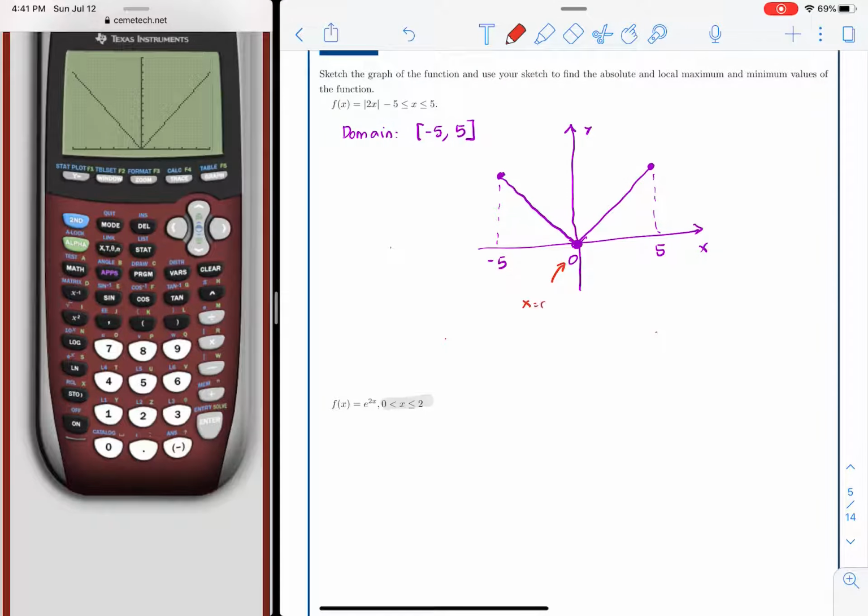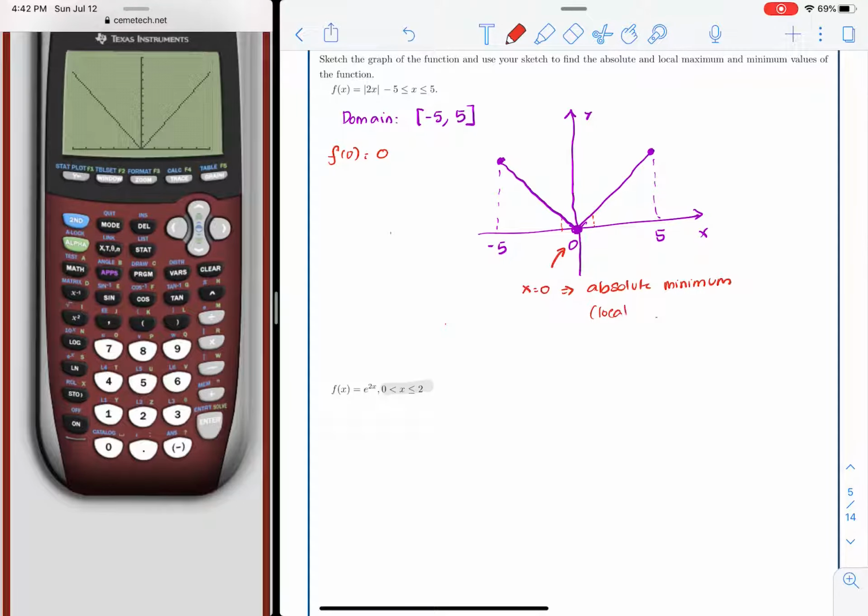So x is equal to 0 would correspond to the absolute minimum. Would it correspond to a local minimum? Yes. If I picked a tiny interval about the point 0, the value that I observe at x is equal to 0 is the smallest of all values. So f of 0 is 0, and it is the lowest, so that is also the local minimum.